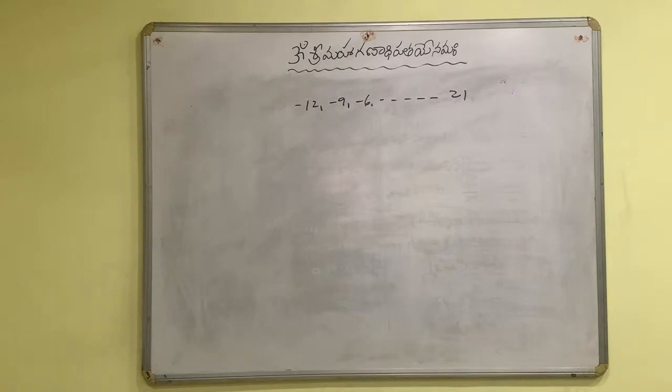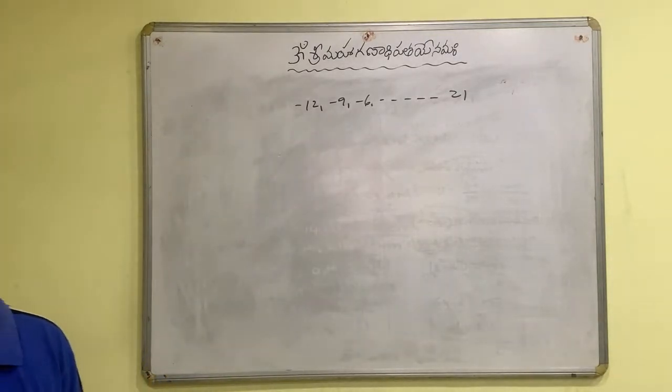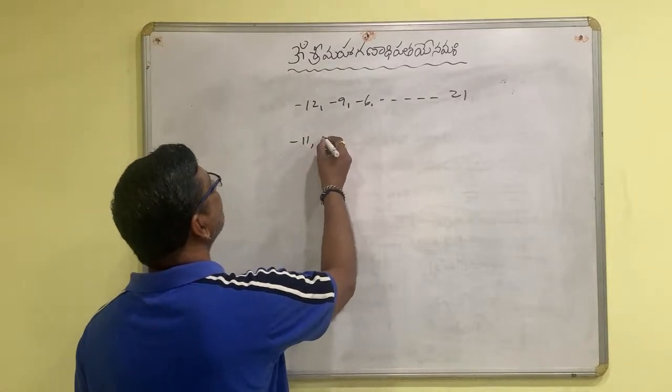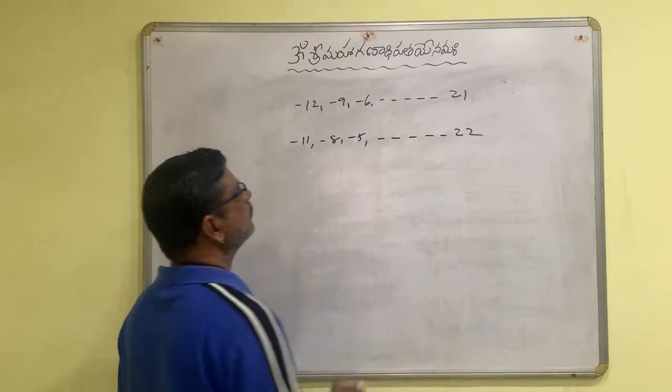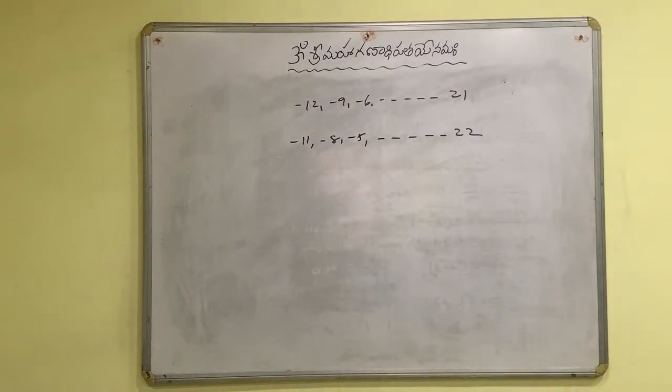Add 1 to each and every term, right? If you add 1 to this, it becomes negative 11, negative 8, negative 5, and so on, 22.